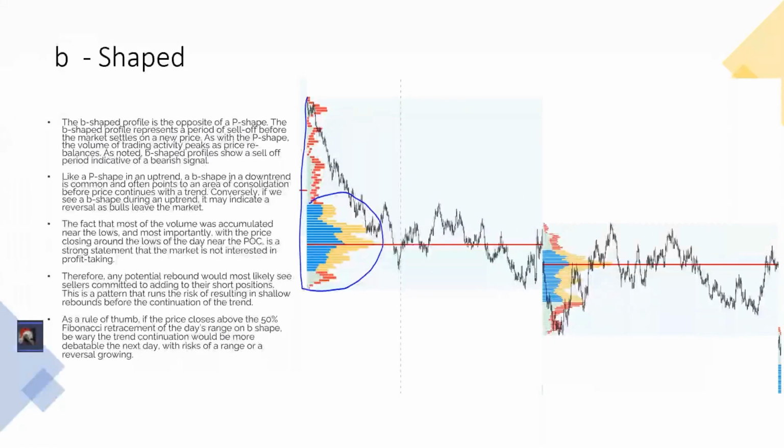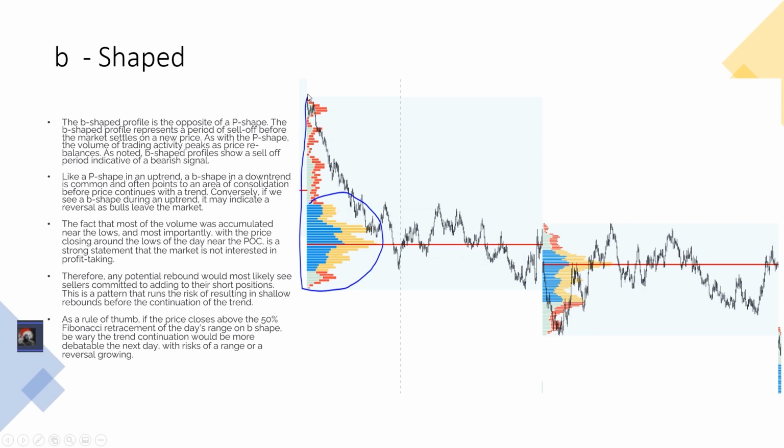Okay. The last bullet, you want to get familiar with that one. Keep it in the back of your head when you're trading. If this closes above the 50% retracement of your high to low, there's a high chance it's going to continue going down.